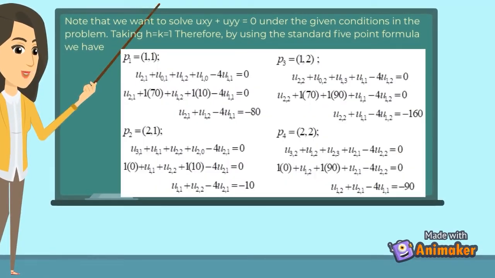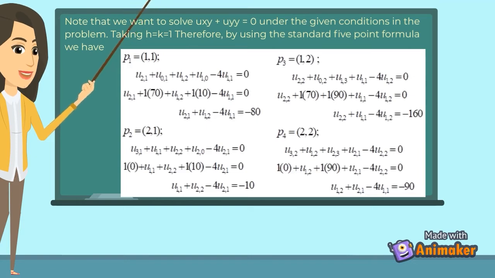Note that we want to solve the Laplace equation under the given conditions in the problem, taking h equals k equals 1. Therefore, by using the standard 5-point formula, for P1 equals (1, 1) we have u(2, 1) plus u(0, 1) plus u(1, 2) plus u(1, 0) minus 4u(1, 1) equals 0. Then by plugging in the values we get u(2, 1) plus u(1, 2) minus 4u(1, 1) equals negative 84.